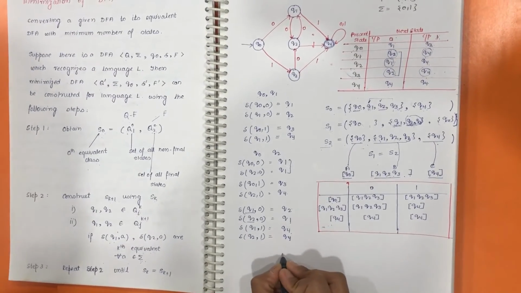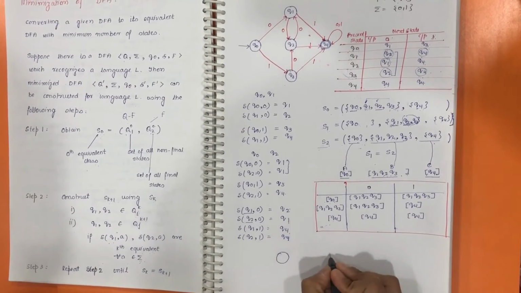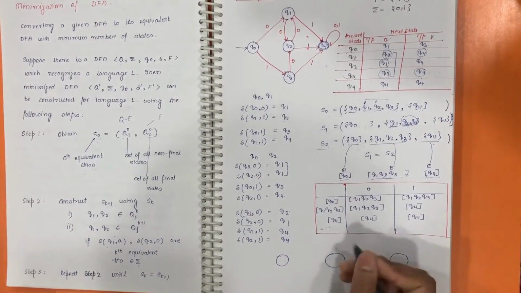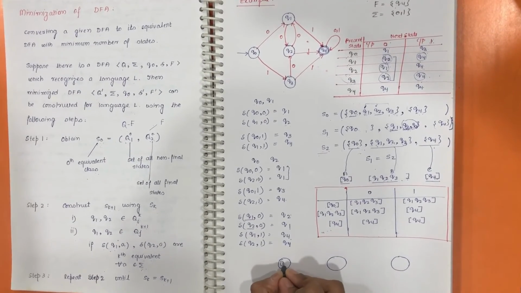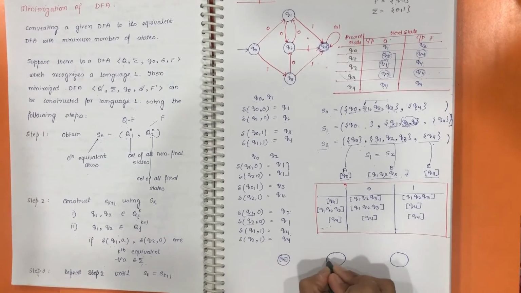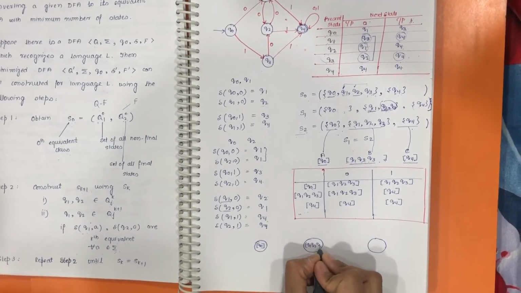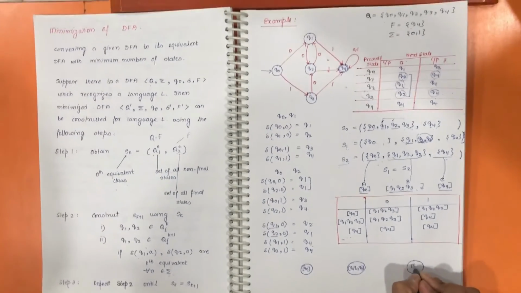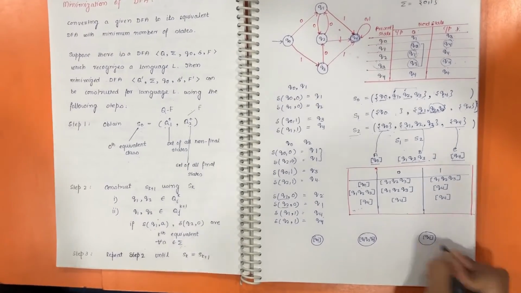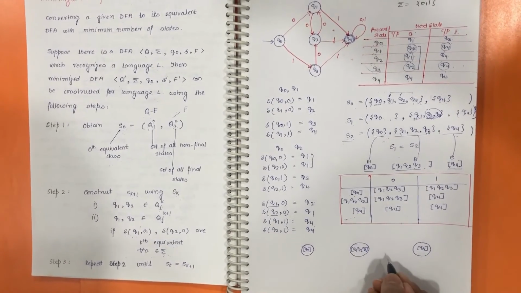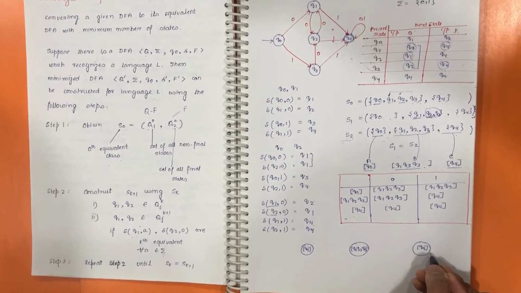So for the transition diagram, here we have the states like this. The names of the states are Q0, here Q1, Q2 and Q3, and this is Q4. Now we need to find what will be the start state and what should be the final state.